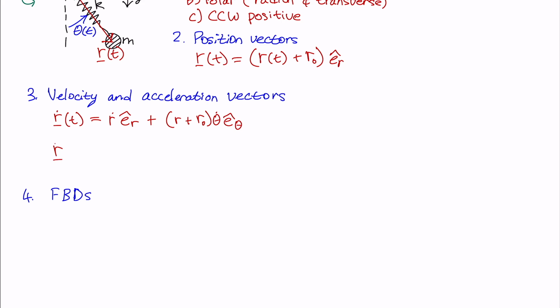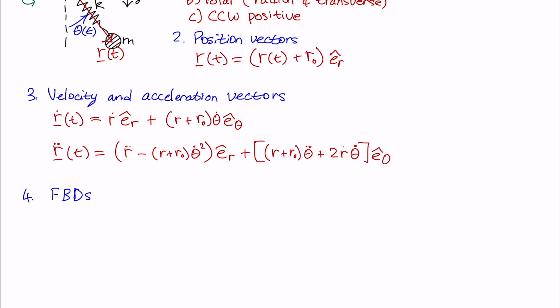We can then move on and compute our acceleration vector. This will be equal to r double dot minus quantity r plus r0 theta dot squared, in the e hat r direction, plus quantity r plus r0 multiplied by theta double dot, plus 2 r dot theta dot, e hat theta.